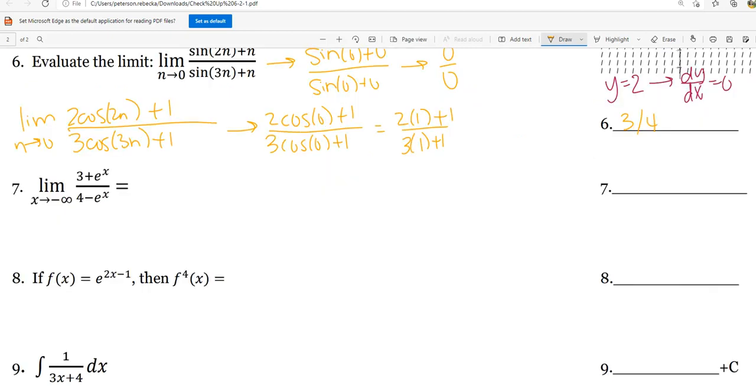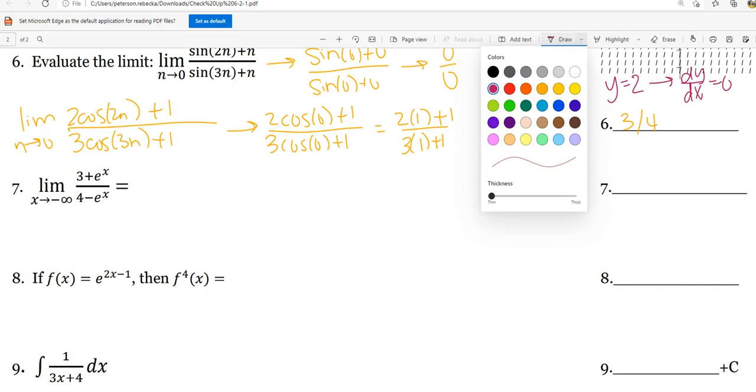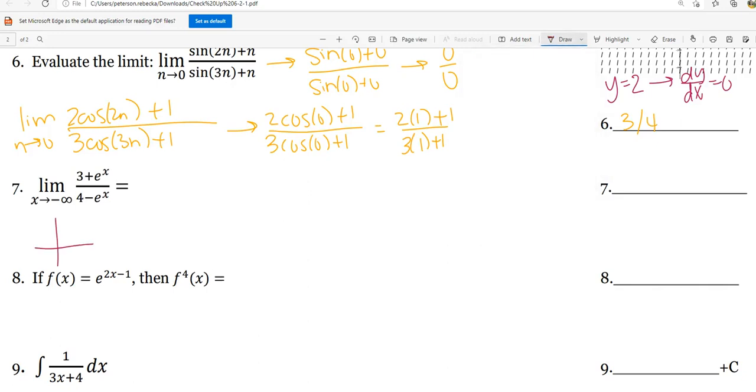All right, question 7, we're taking the limit as x approaches negative infinity. So again, we've got to be so careful. If you're correcting this one, I do want to see the graph of e to the x, an exponential growth, something like this. Notice that as x approaches negative infinity, your y value for the whole exponential piece approaches 0.